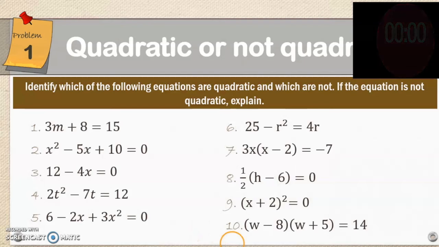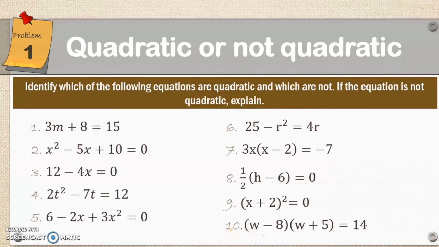So ready na to check your answers. Number 1, not quadratic because the degree of the equation is not 2. Number 2, quadratic. Number 3, not quadratic. Again, the degree of the equation is not 2. Number 4, quadratic.